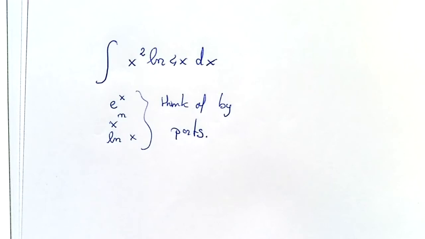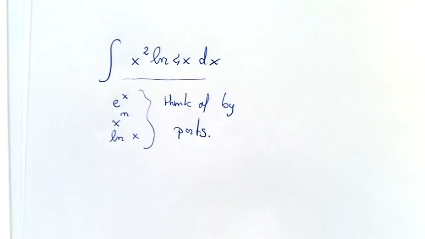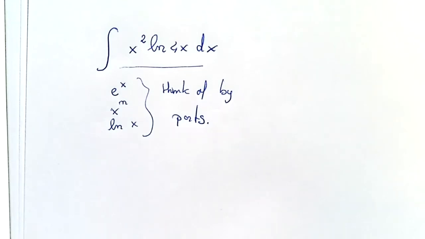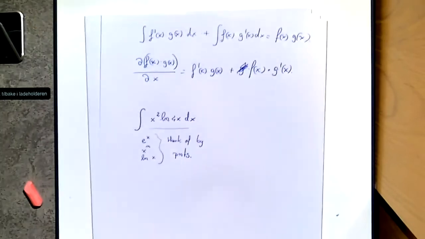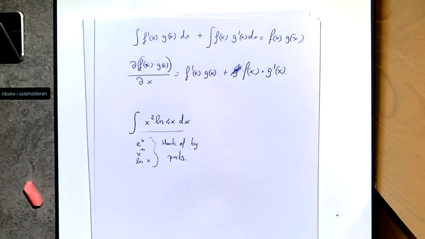Again, we look at this, we do not know how to solve it. We see the log, we see a power, so we think of by parts. Now we want to create by parts. In order to use by parts, we have to have a derivative.